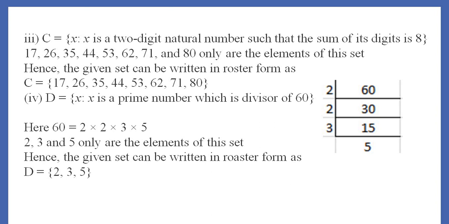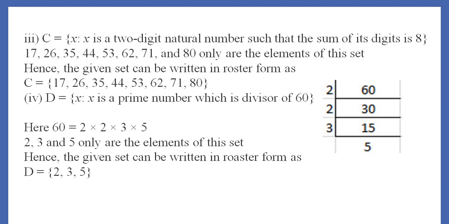2 is present twice, but from the aspects of a set, we understood that each element in a set is retained only once. Therefore we write the element 2 only once.